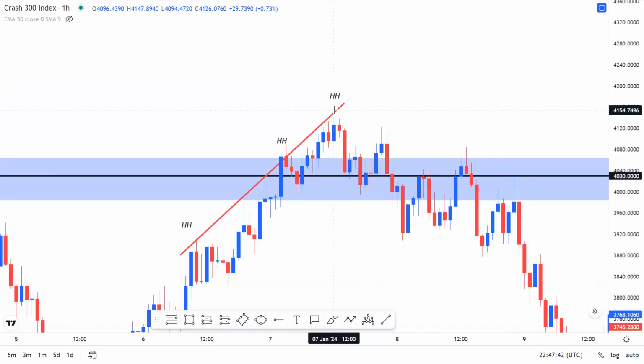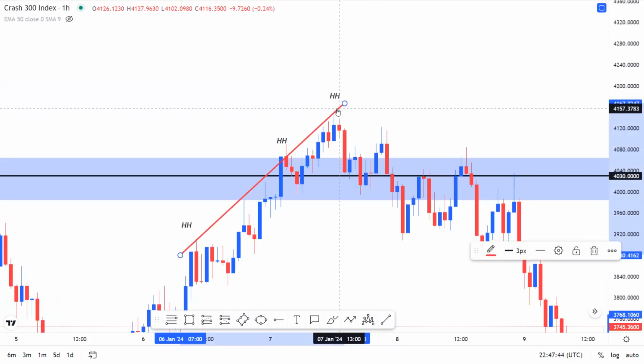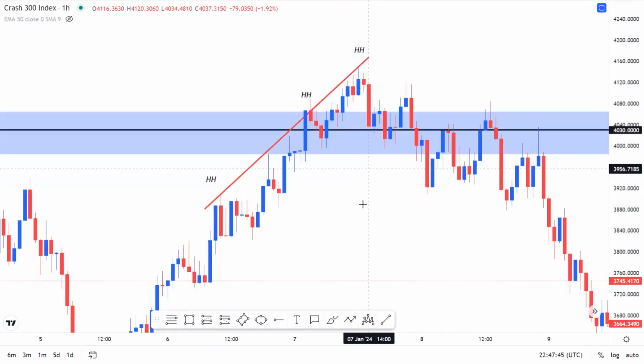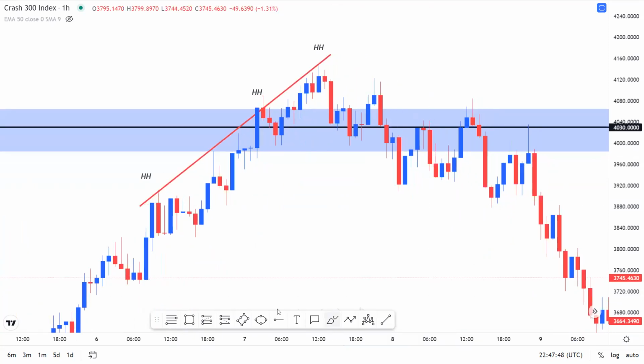And then also, we had a nice shift in the market structure from bullish to a bearish structure right here on the hourly time frame.